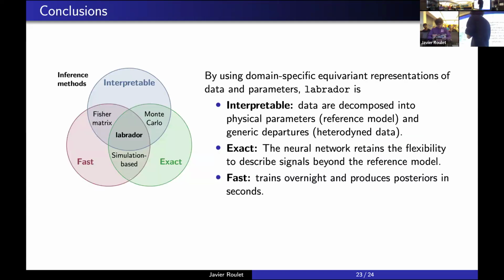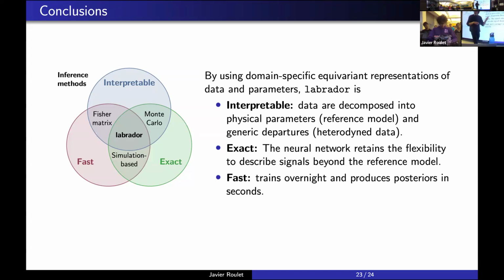So to conclude, by implementing domain-specific knowledge and equivariances in the representation of the gravitational wave data and parameters, our code, called Dingo, is easy to train and interpretable. All these group parameters I mentioned, we know exactly what they are, and they contain most of the information.